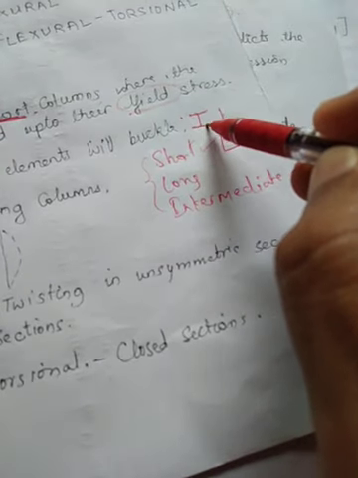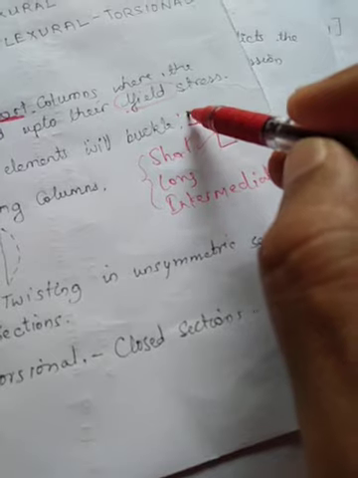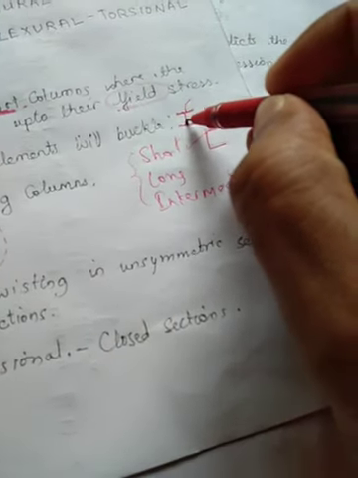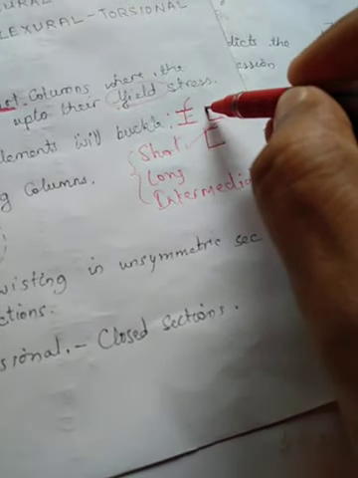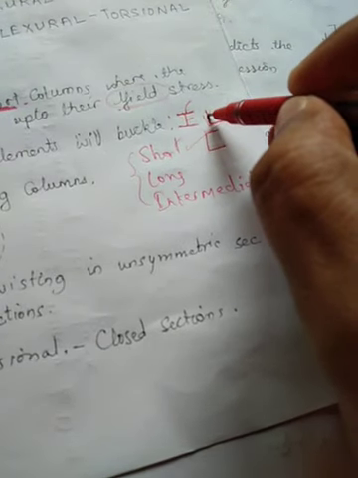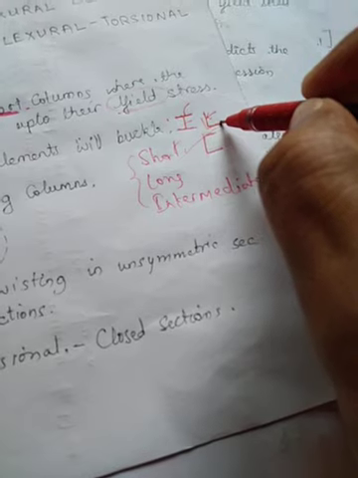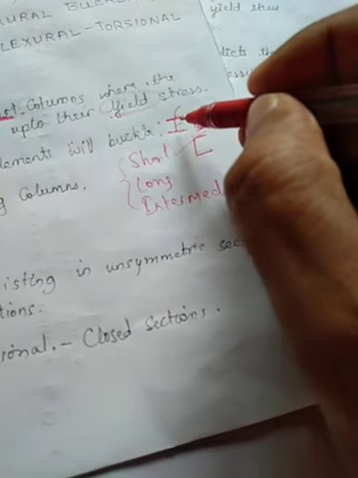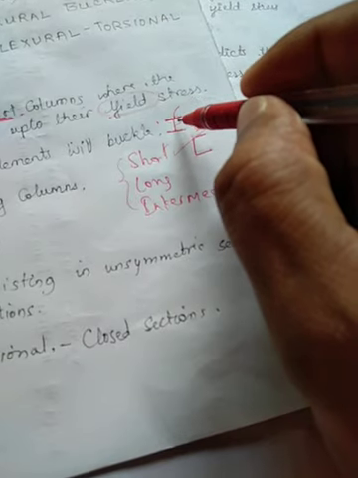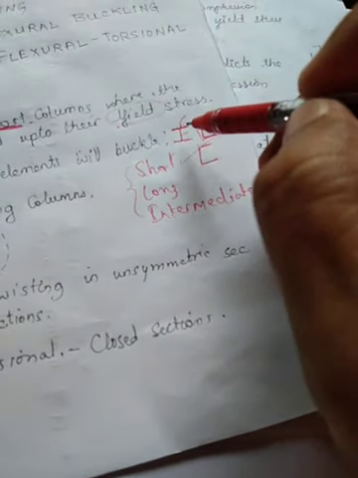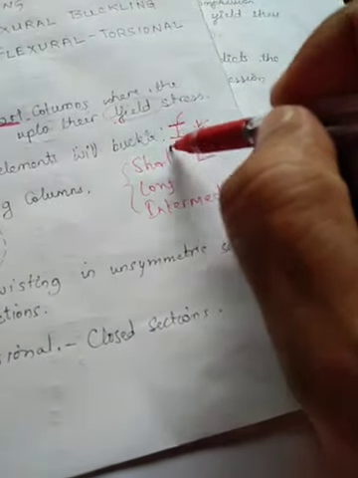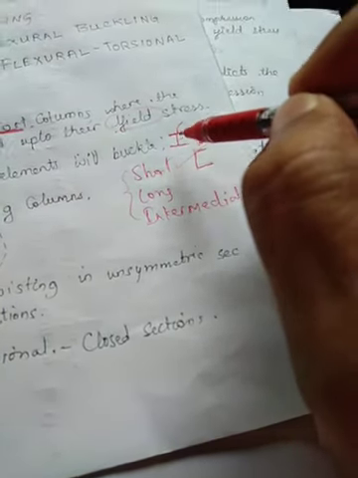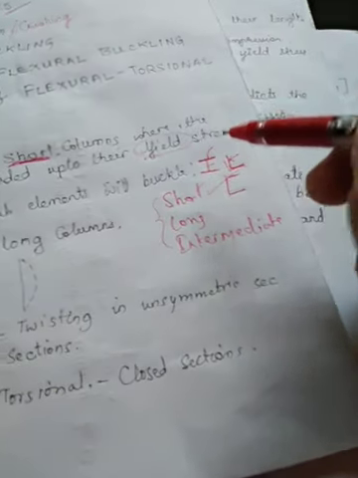Separate out these elements like flange elements. This top one is a flange element, this is a web element, or say for this angle, this is one element and this is one element. So we have some imperfections in these elements, and that is called local buckling in the compression members. We have to take care of this local buckling. So this is also one failure.